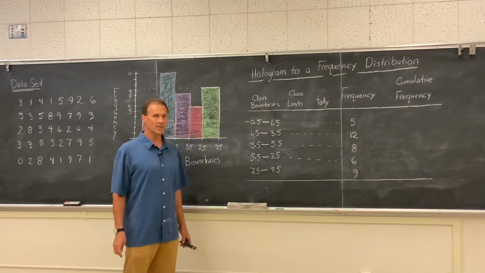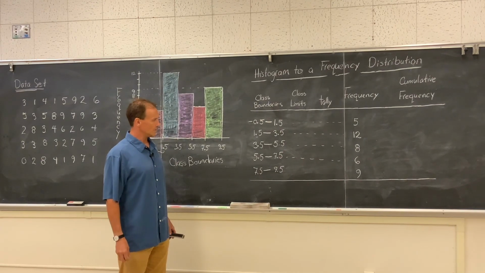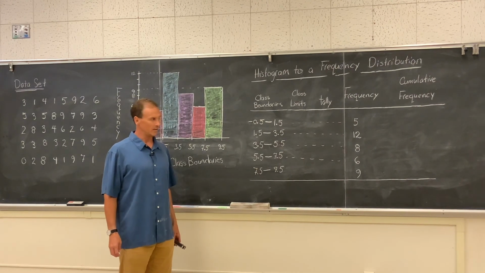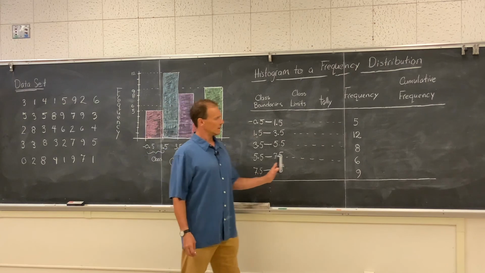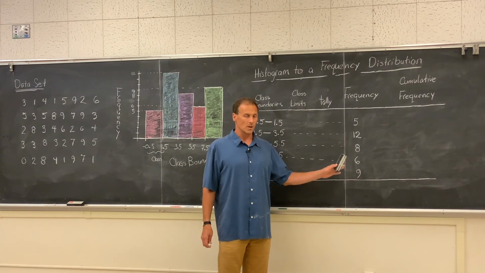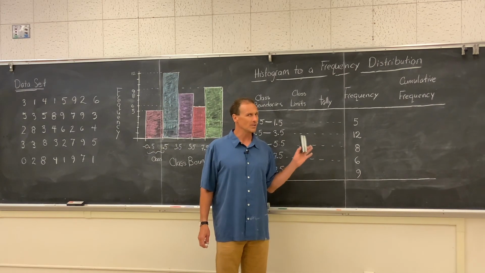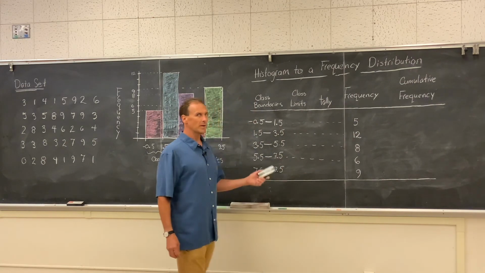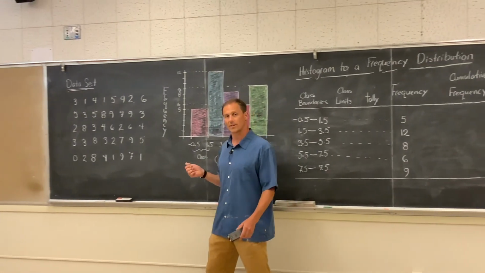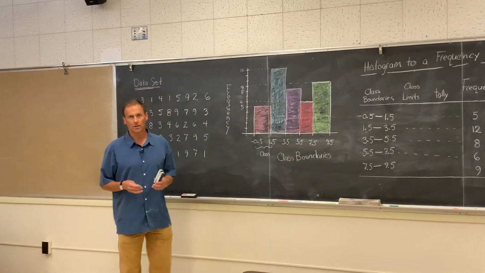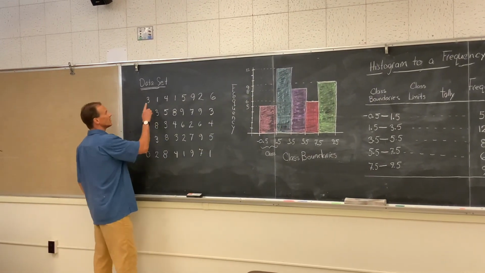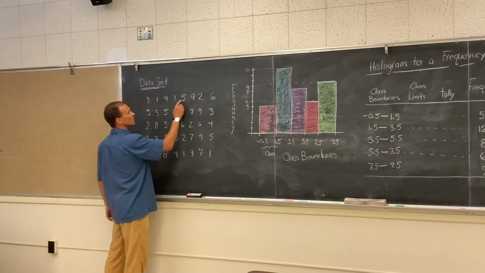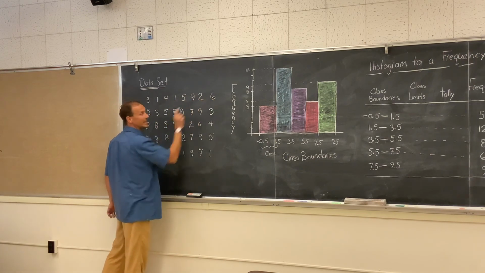I think the next one that I want to do can be done in one of two ways. If you were making a frequency distribution, what you want to do is you want to make sure you haven't made a mistake in your counting. So let's come back to our data set. And notice this. Notice that our data set has 1, 2, 3, 4, 5, 6, 7, 8.